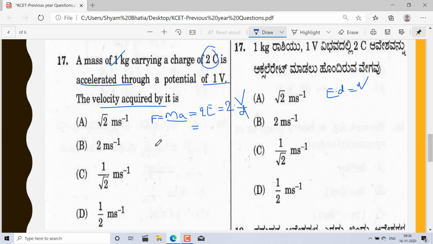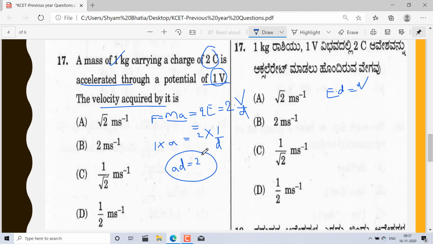M is 1 kg, and A is the acceleration with which it was accelerated. And what is the potential? It is nothing but 1 volt divided by d. Then what will you find? Ad equals nothing but 2, you know that.